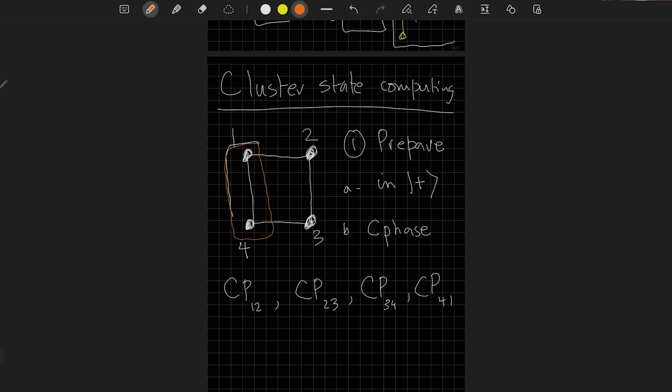So cluster state computation starts off by preparing the state. The cluster is given to you. The state, which is now called a cluster, is a resource that is prepared offline. It's easier to prepare such a resource with photons. Offline means it's given to you, before the computation.